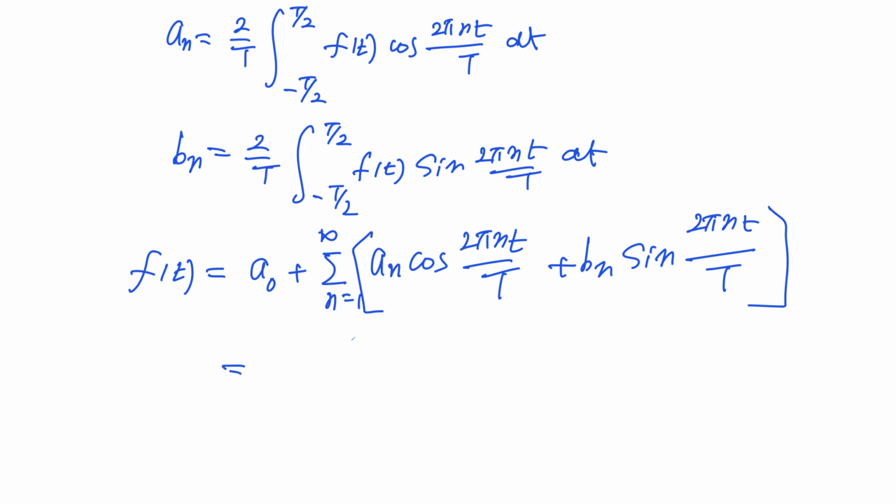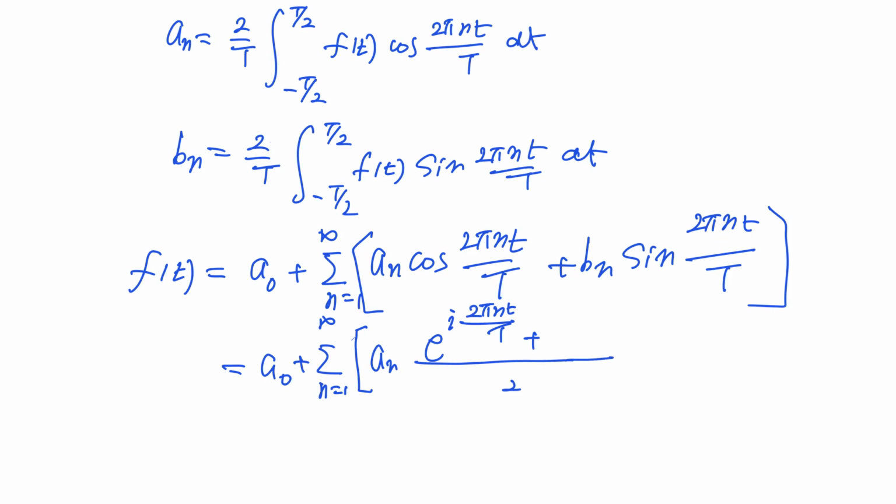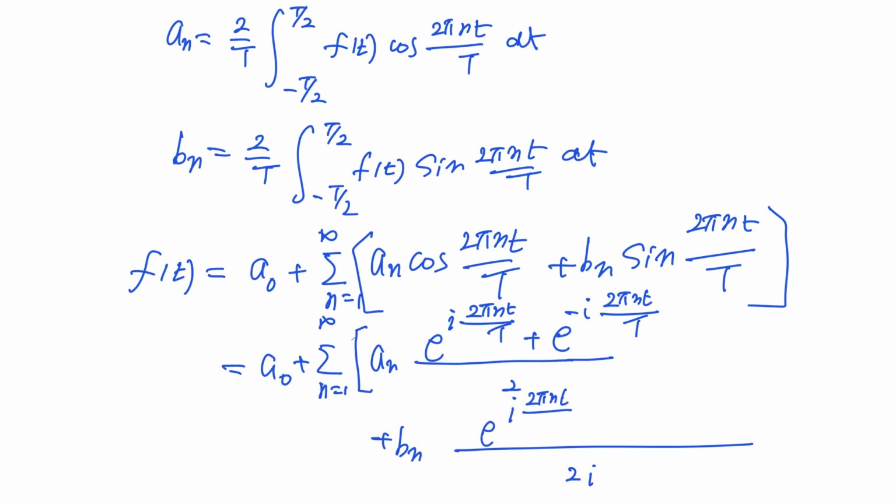So we replace cosine and sine in the summation sign: an times 1 over 2 exponential i 2 pi n t over T plus exponential minus i 2 pi n t over T, plus bn times 1 over 2i exponential i 2 pi n t over big T minus exponential minus i 2 pi n t over T.